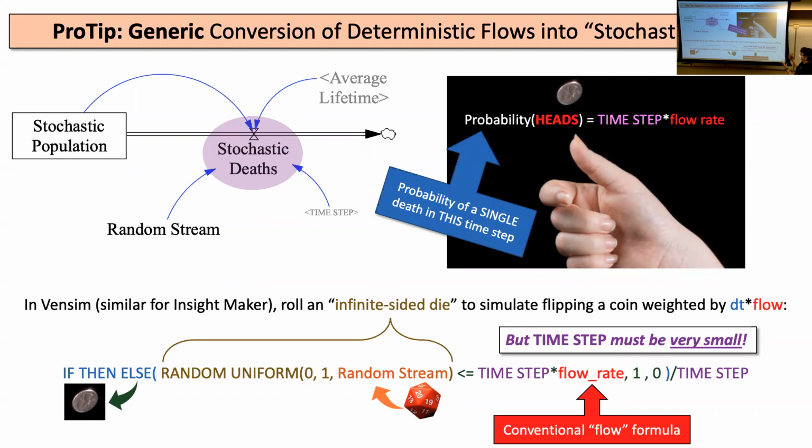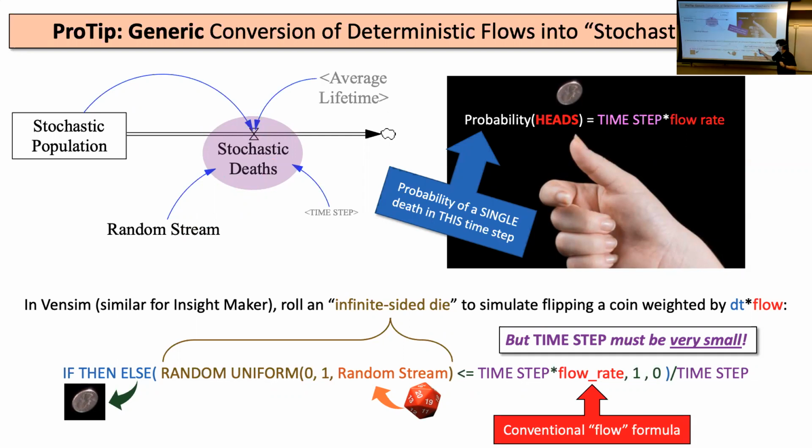You don't necessarily need to know all of those details, but what I'm trying to show here is that even if you didn't know everything that was going on here, you could take any of your existing models and just draw a random stream going into a random stream input. This is a constant that you can put a 0, 1, 2, whatever into, and draw that going into your flow. Then go into your flow and copy the rate expression that you already have and put it off on the side, and then paste in this expression down here.